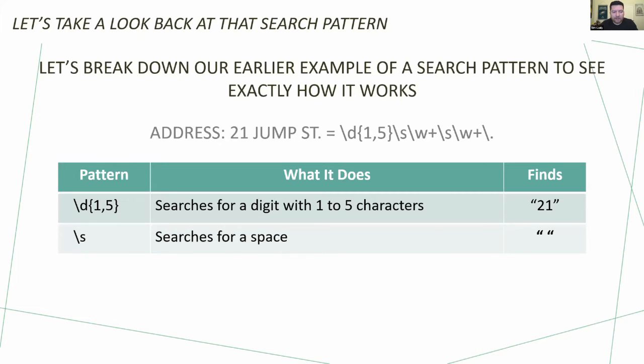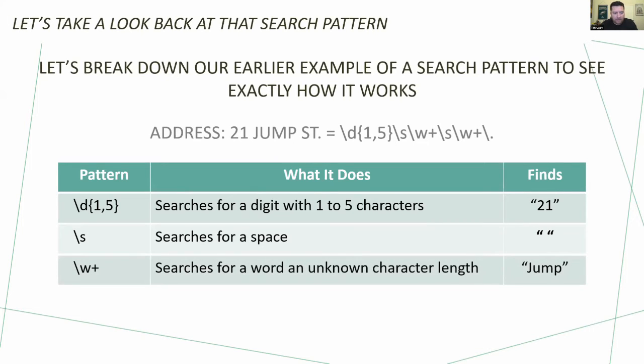The next position is a backslash lowercase s. That returns any instance of a space. The next position, backslash w plus. What that's going to look for is a word of unknown character length, thus the plus. If you just did w by itself, it's going to return a single letter. More on those in a second. Again, the backslash s returns the space.